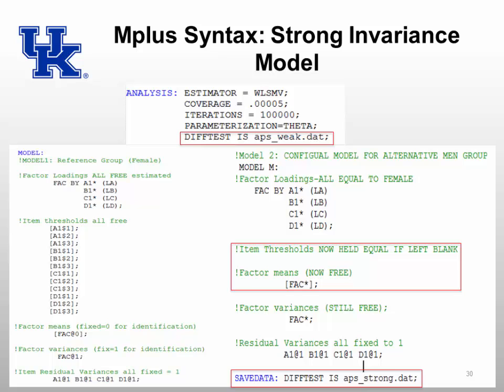If you leave anything blank, it applies only to the item thresholds, and if you don't specify it, it will use whatever you have for the reference group. Then, since we have more constraints, we are able to free the factor means and factor variances. This way, if you recall the diagram, we can test whether phi 1 and phi 2 are comparable for both groups.